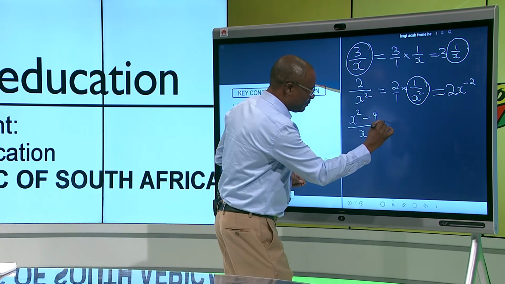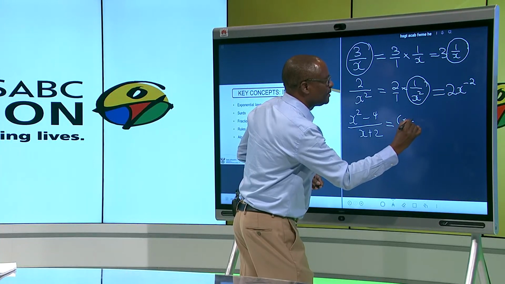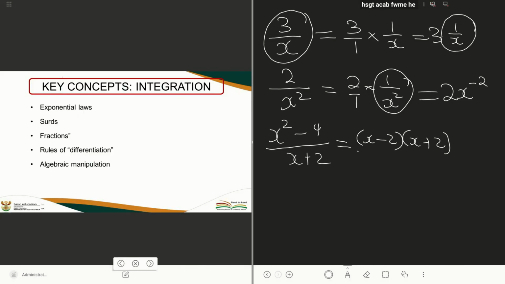Like this can be simplified as x minus 2 into x plus 2, all divided by x plus 2, wherein this can divide with this, and we will remain with x minus 2.